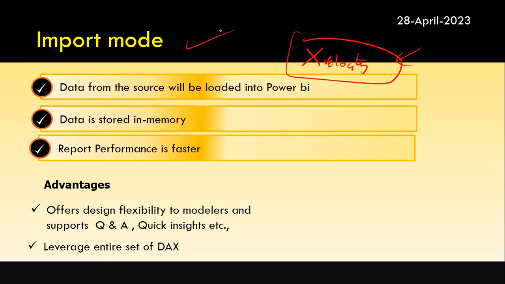What it does is, when you load anything in the import mode, including the tables, everything, the xVelocity engine compresses your data. Okay, first it transforms your table or data into a columnar database.